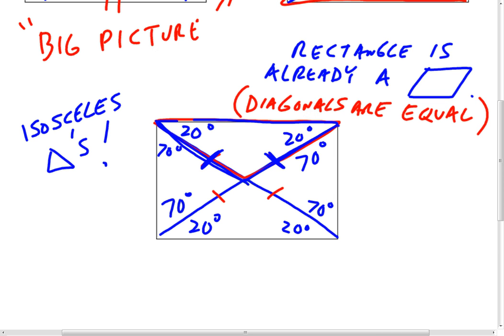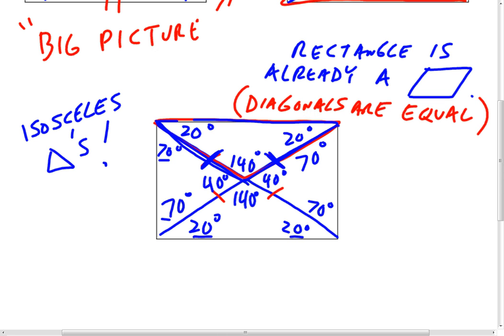So when you start seeing rectangles with two diagonals, you've got to start thinking of everything you know about isosceles triangles. You've got base angles that are equal, 70 and 70. Down here you've got 20 and 20. The top one and the bottom one are exactly the same. Triangles add up to 180, so you should be able to figure out that in this case we've got 140 and 140. This will be 40, this will be 40.